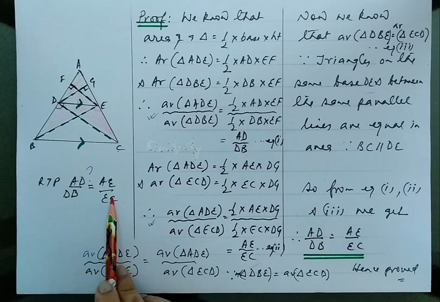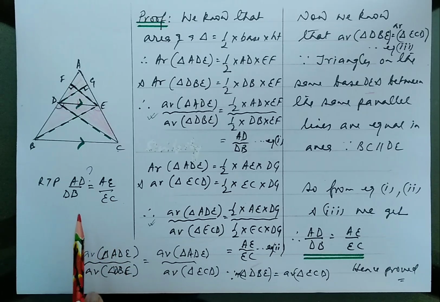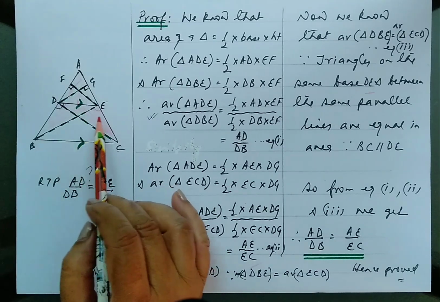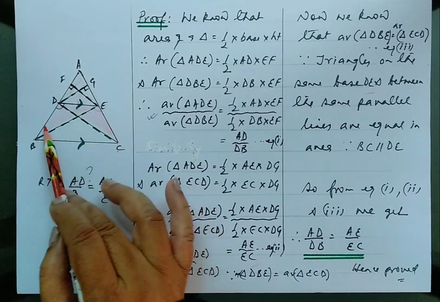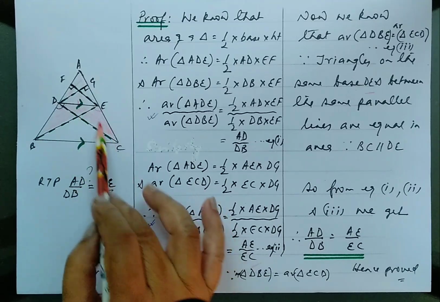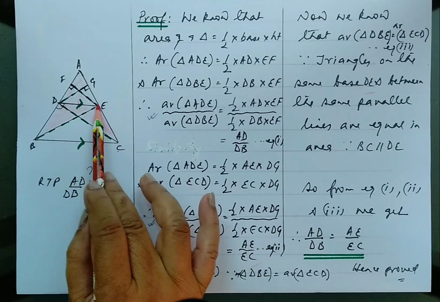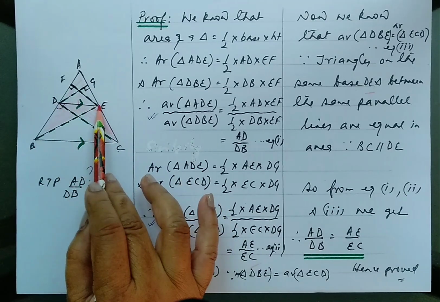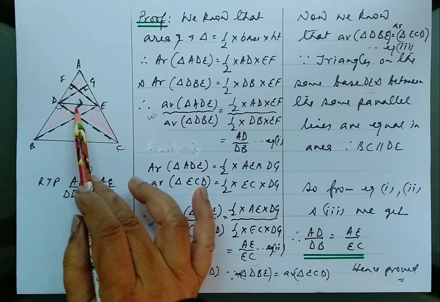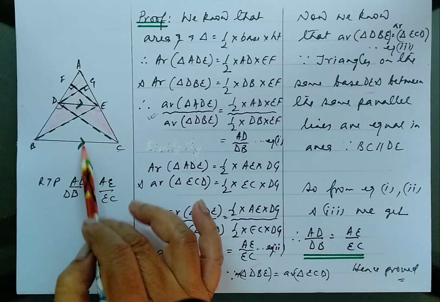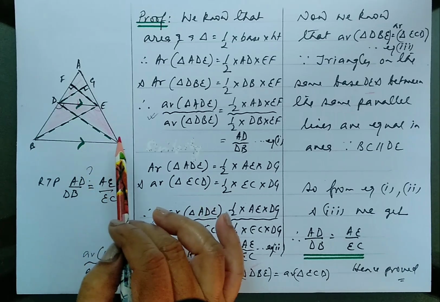So in order to find the equality of these two, we have to do a certain tweak. And that is very possible because we can very clearly see that this triangle and this triangle are sitting on DE as a common base and they are stretching between two parallel lines, which you have done in lower classes, guys.